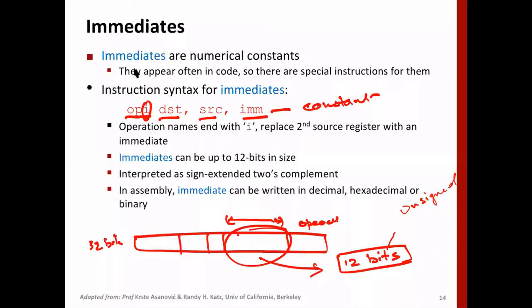Unsigned means they all start from 0 going up to, in this case, 2 raised to the power 12 minus 1. Or it could be signed, which is 2's complement with negative numbers. So it will have a certain range, from a certain minus value to a certain plus value.